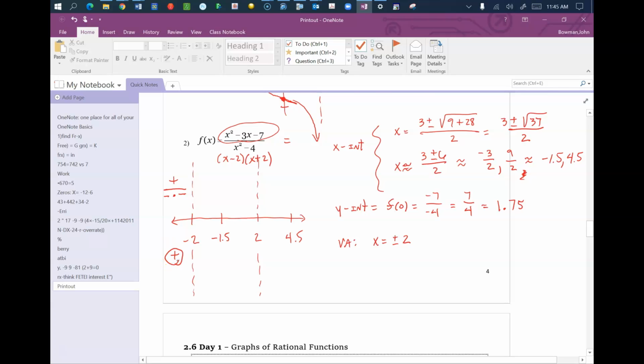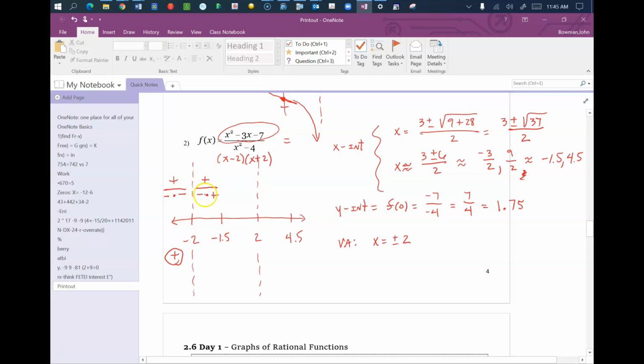All right, let's pick a number slightly bigger than negative 2.0. Negative 1.9. Again, we're going to have to estimate the numerator. If you do that, you will see that the numerator is going to be positive. The x minus 2 factor is going to be negative. The x plus 2 factor is going to be positive.